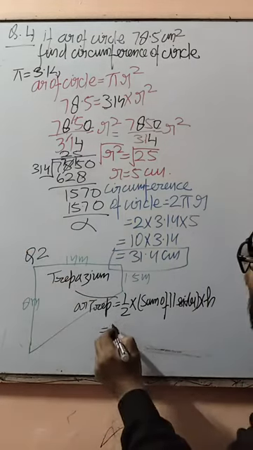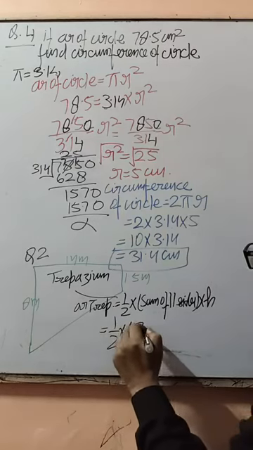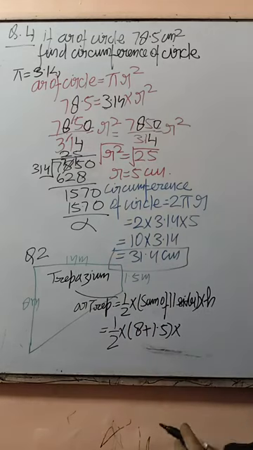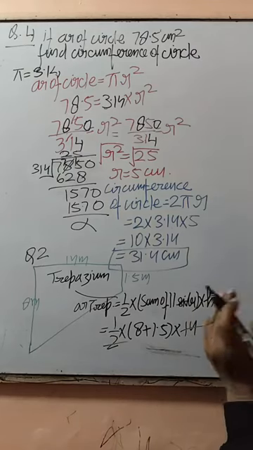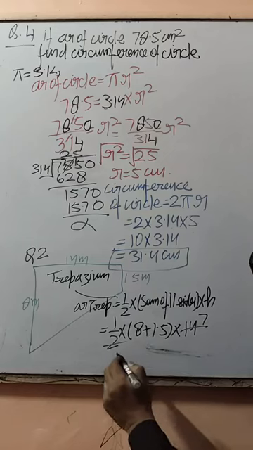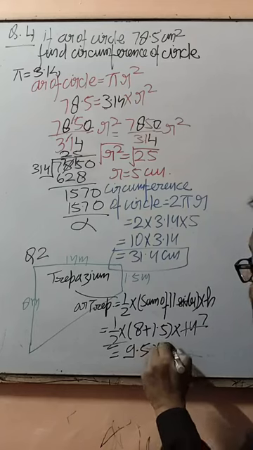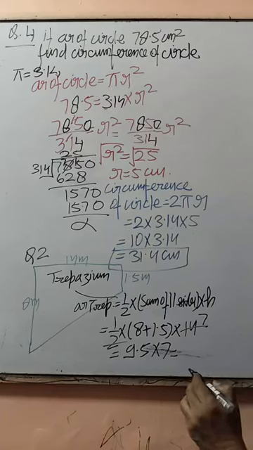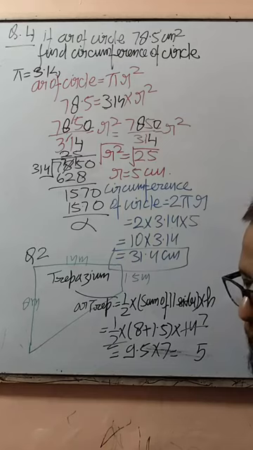So this is 1 by 2 into sum of parallel sides, 8 plus 1.5, into height, which is 14. 7 times 2 becomes 14, so it is 7, and it is 9.5 into 7. 5 times 7 becomes 35, 5 and 3 carry. 9 times 7 becomes 63 and 3 is 66.